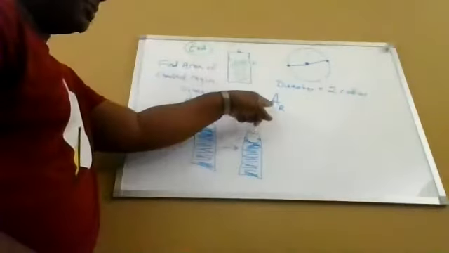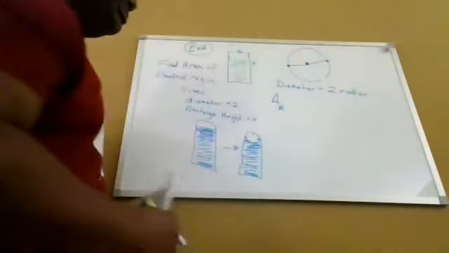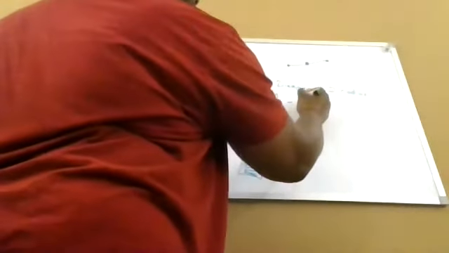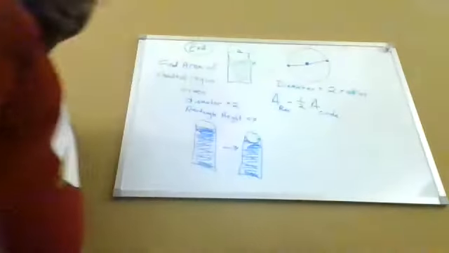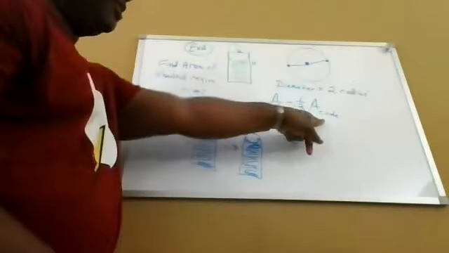So AR represents the area of a rectangle minus half the area of a circle.